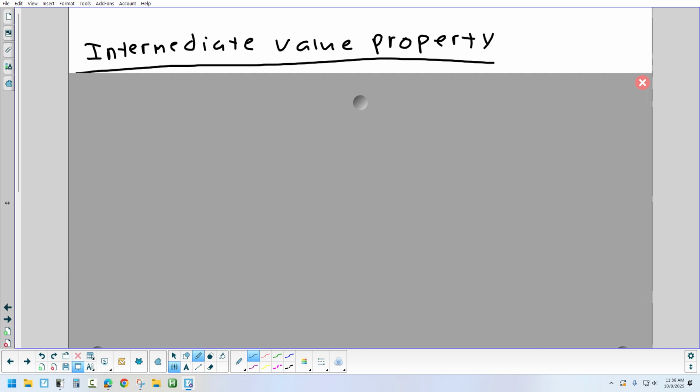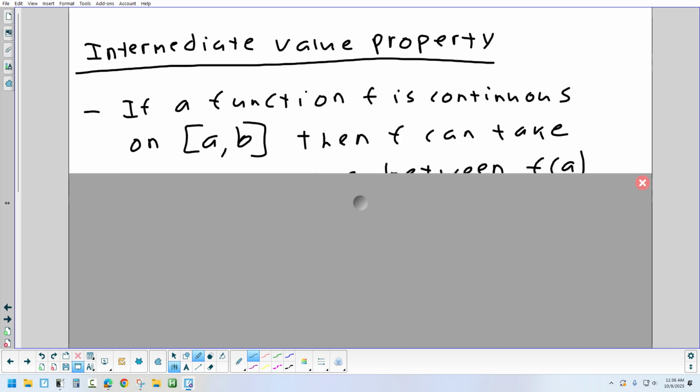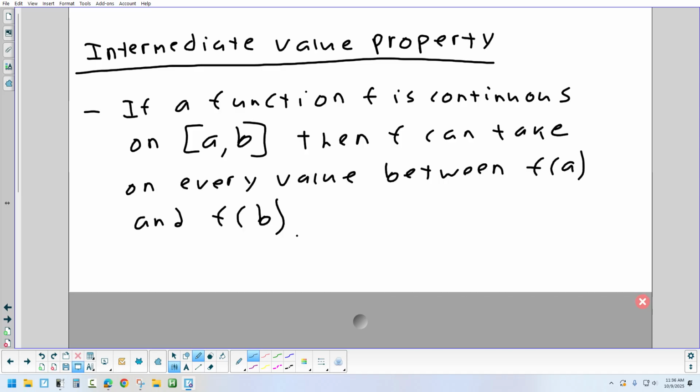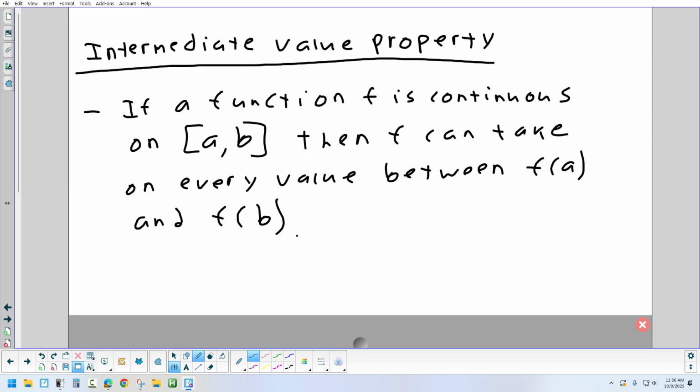Things that are continuous. And the idea is that if you have something that is continuous from, let's say, A to B, okay, let's draw something. So that's going to start at A, and it's going to end over here at B. What's the y value? Like, how high am I, up and down? I would have a formula that I could plug A into and find the y value.